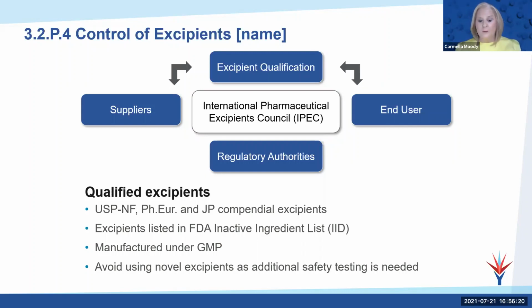And when you're using those excipients that have already been used in another product of the same type at the concentration or the amount that you're using or below, then you do not have to do further qualification, i.e. further toxicology studies or anything like that on your inactive ingredient.